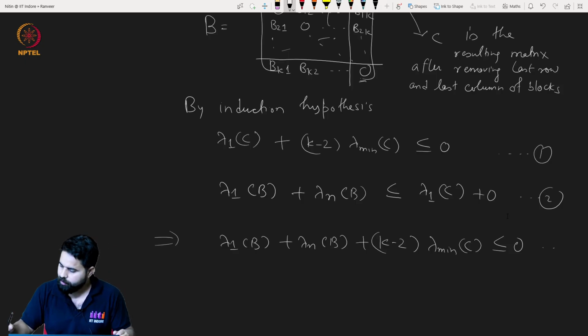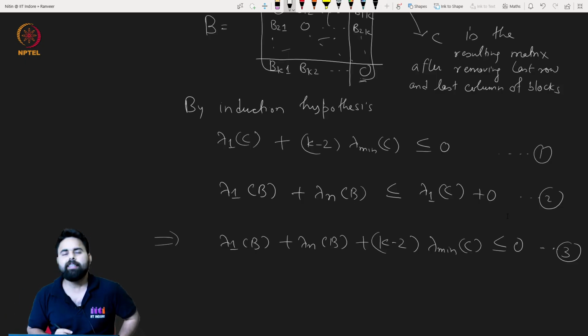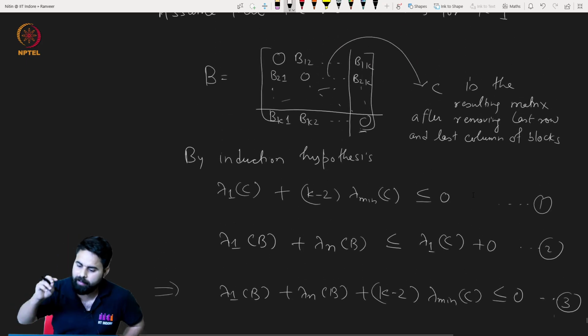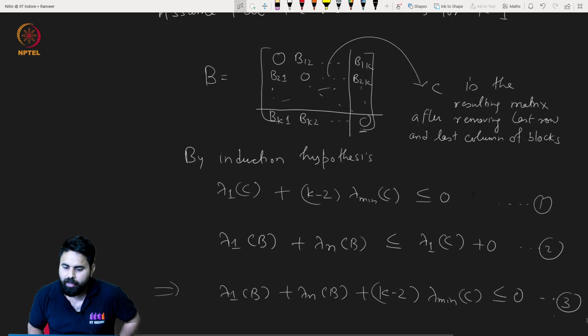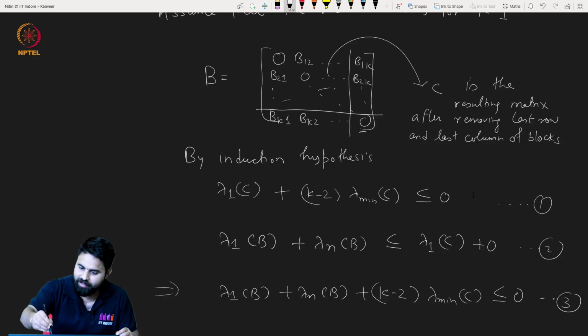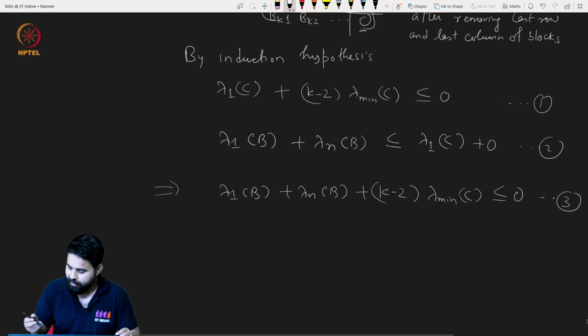Let me call it 3. Very good. Up to here this is fine. But now you see that due to the Cauchy interlace theorem, we can always see that the smallest eigenvalue of C is always greater or equal to the smallest eigenvalue of B.